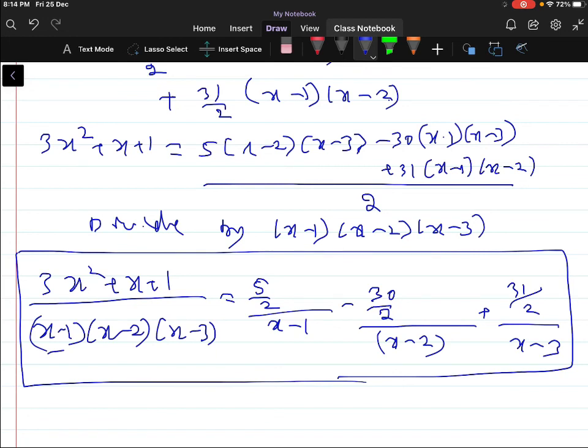So the given function 3x square plus x plus 1 by x minus 1 into x minus 2 into x minus 3 can be split into partial fractions by using Lagrange's interpolation formula, that is 5 by 2 by x minus 1, minus 30 by 2 by x minus 2, plus 31 by 2 by x minus 3.